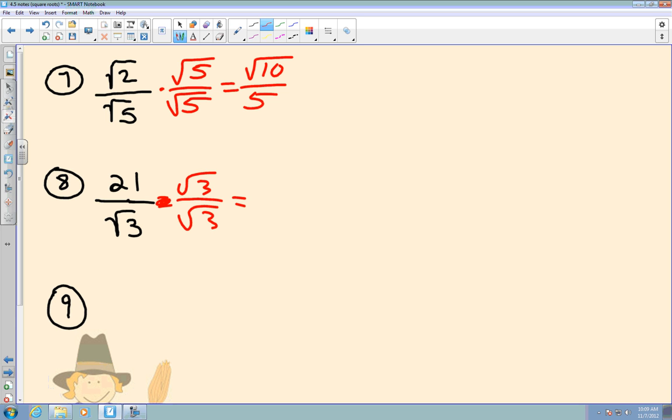Okay, so 21 times root 3 is 21 root 3. Root 3 times root 3 is 3. Now you have to simplify the fraction. 7. Yep, 3 goes into 21 7 times. So I get just 7 root 3 over 1, which is just 7 root 3.